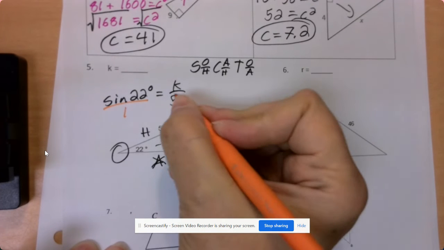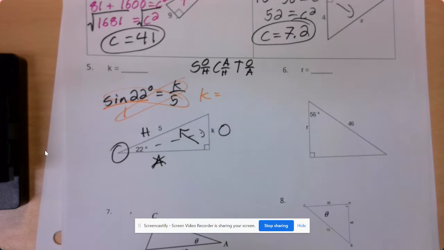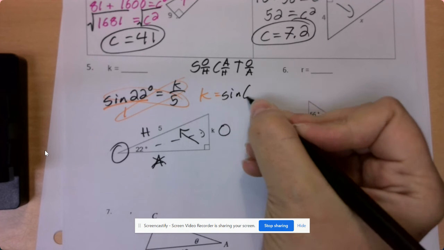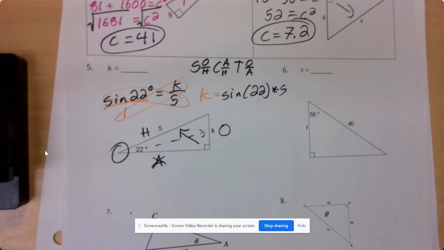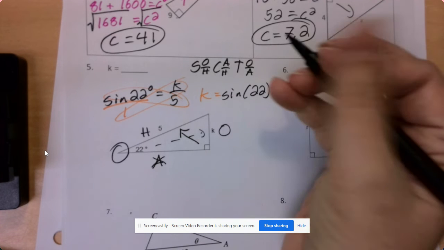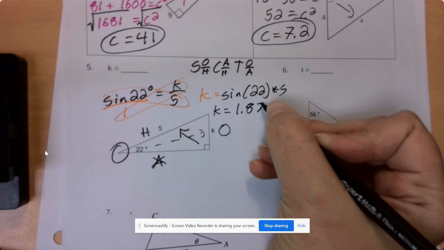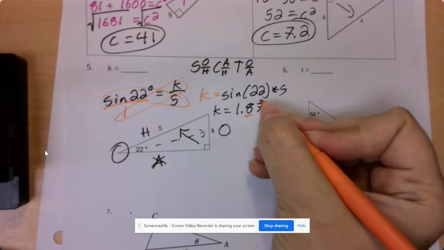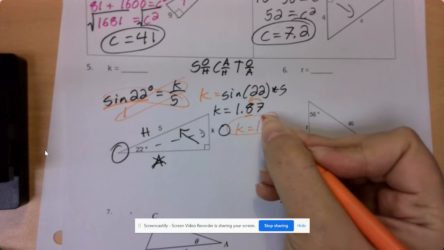So k is equal to sine of 22, make sure you close the parentheses, times 5. And I got 1.875 and up, and I'm going to round it up. It's going to be 1 and 9/10.